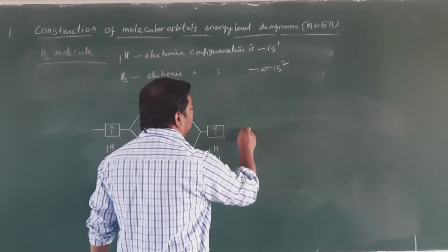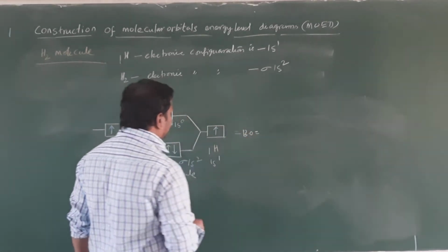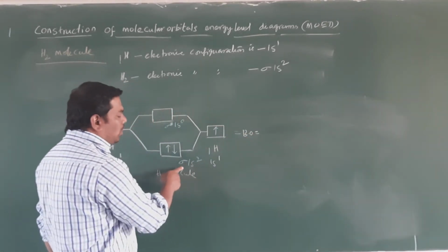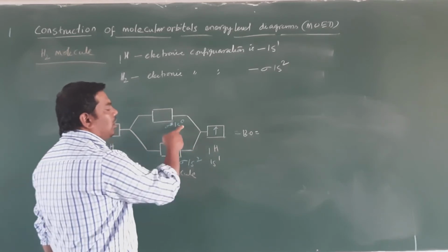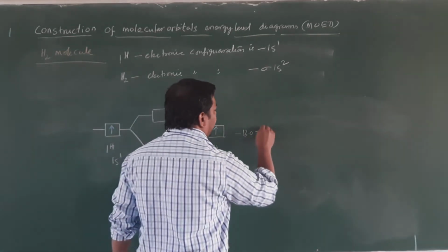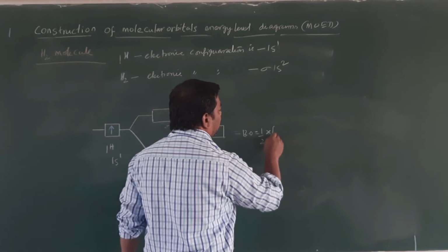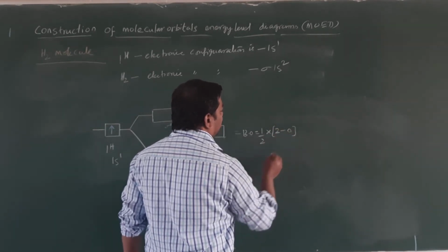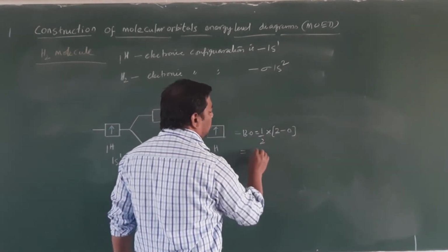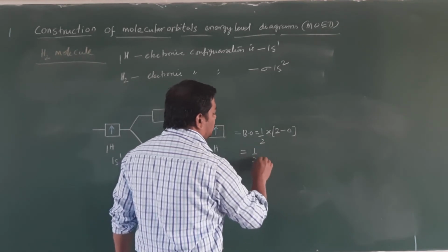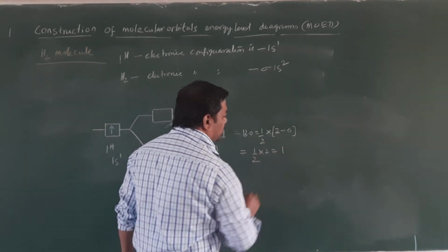Bond order is the number of electrons in bonding molecular orbitals minus anti-bonding, divided by 2. So that is half into 2 minus 0, which is 2 into 1 by 2, equal to 1.